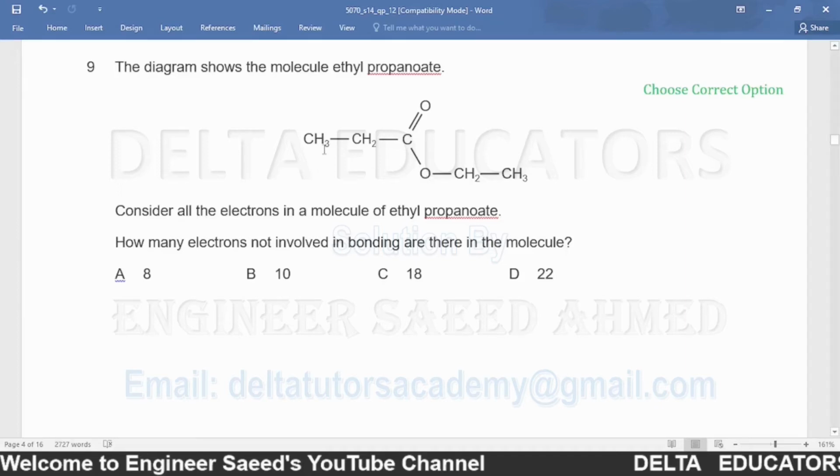From carbon we got 10, from oxygen we got 12, so 10 plus 12 is 22. So a total of 22 electrons have not taken part in bond formation in ethyl propanoate. 22 is given in option D, so the correct option will be option D.